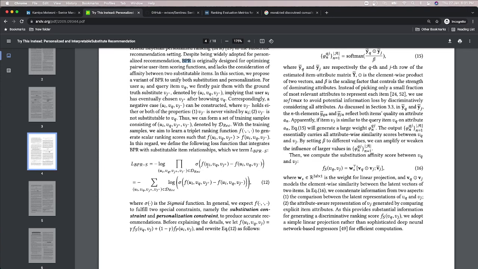We want to get to a function f that, given a user, given an item he visited, and given another item that he clicked historically from a database, provides the likelihood of this action, and this is the likelihood of VJ negative, which is any other item which he didn't pick, right?